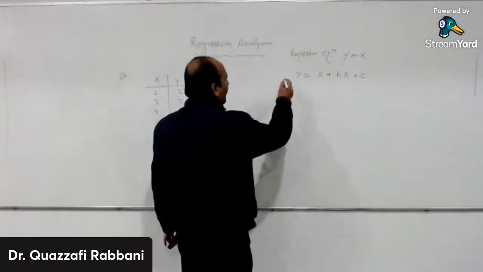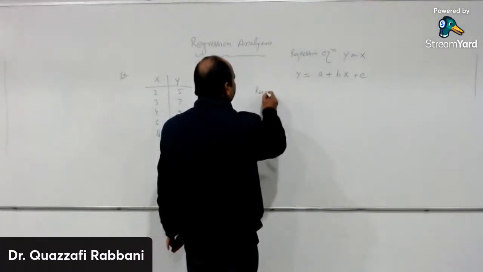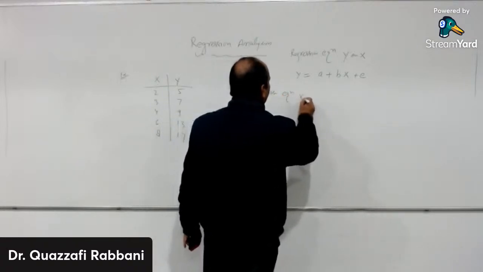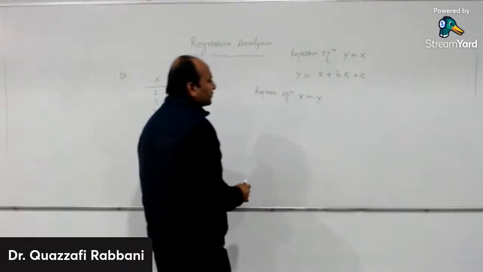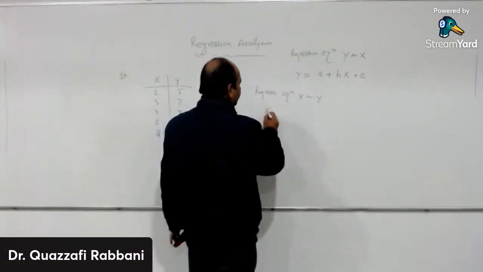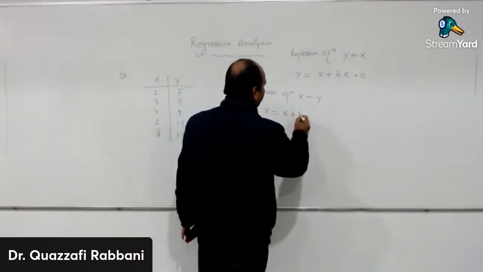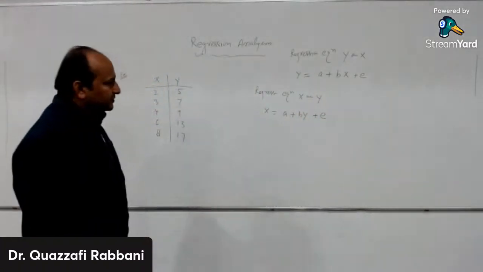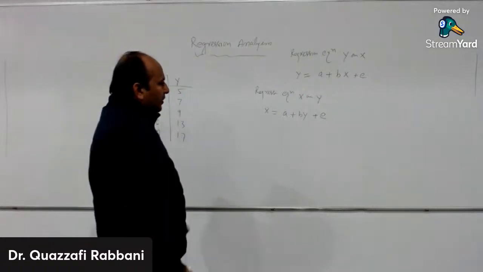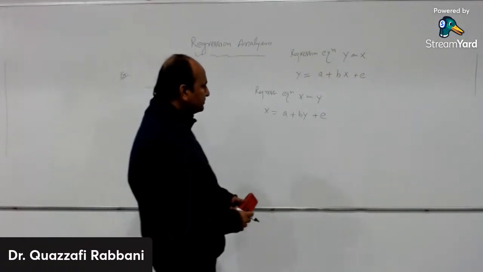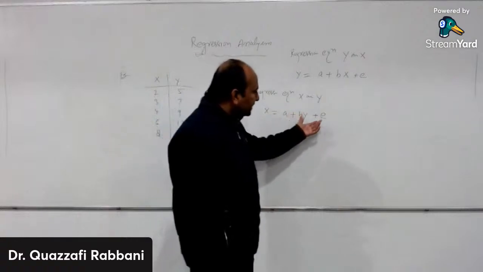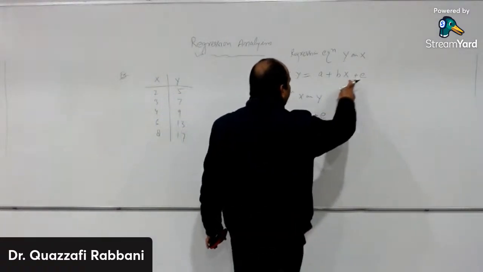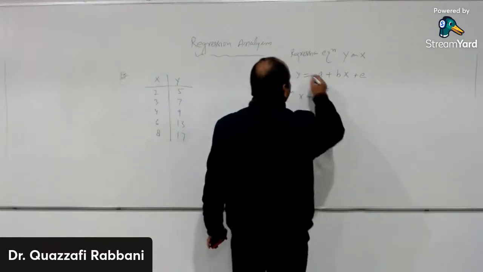Similarly, the regression equation x on y can be written as x is equal to a plus by plus some error. Otherwise, if we ignore this error, we can take this as an estimated value.